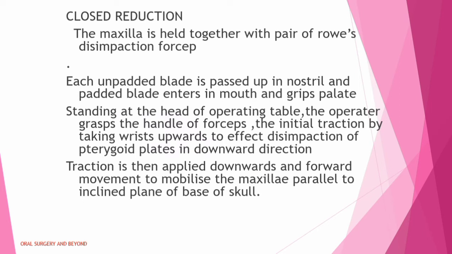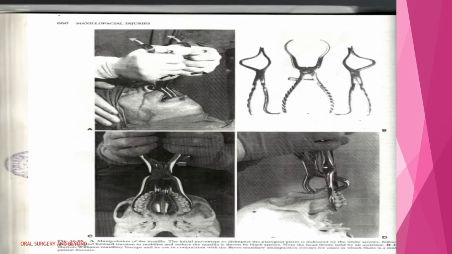Closed reduction. The maxilla is held with the Rowe disimpaction forceps and we try to keep the maxilla in its normal position. Here in this patient, the maxilla fracture is due to trauma and it is posteriorly impacted. So with the help of bilateral Rowe disimpaction forceps, we hold the maxilla, rotate it and position it in its normal position.